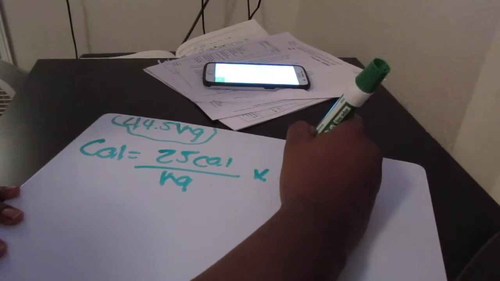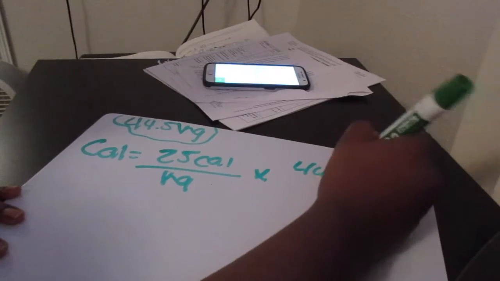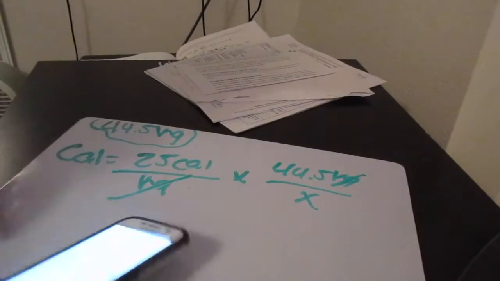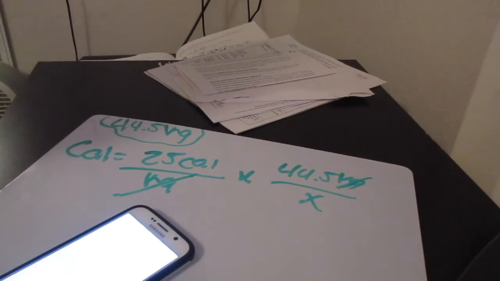So we know we're looking for calories, and we know 25 is the set calorie over kilogram times 44.5 kilogram over X, correct? Cancel that out. So you can get your handy dandy calculator, 44.5 times 25.